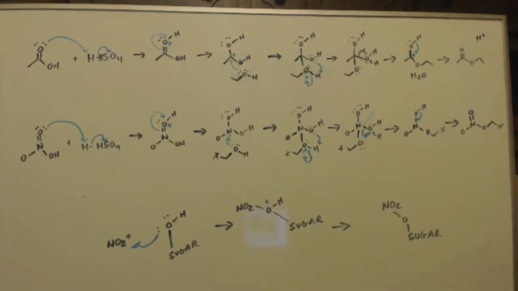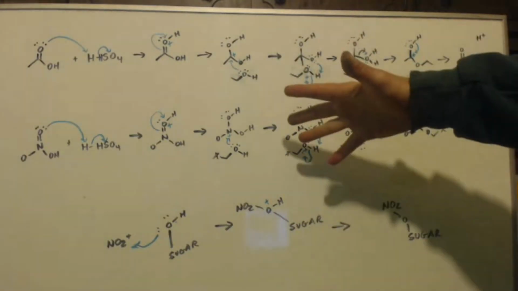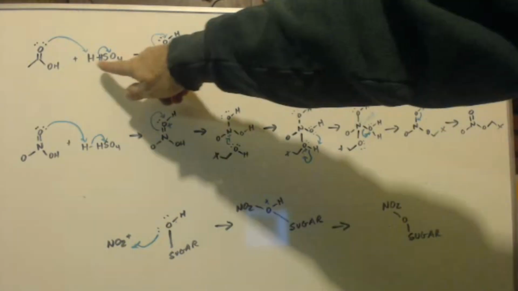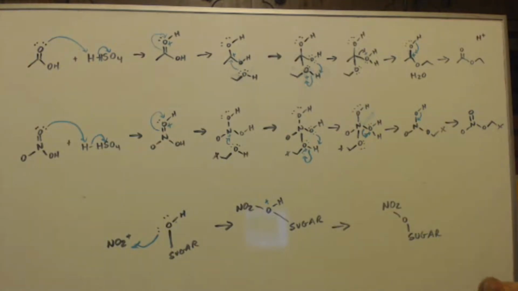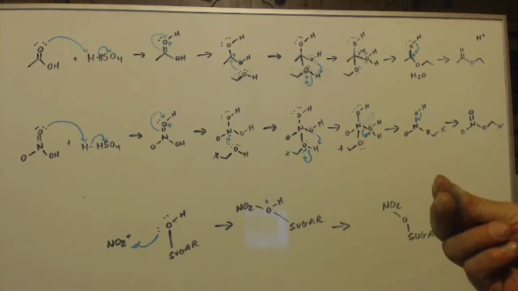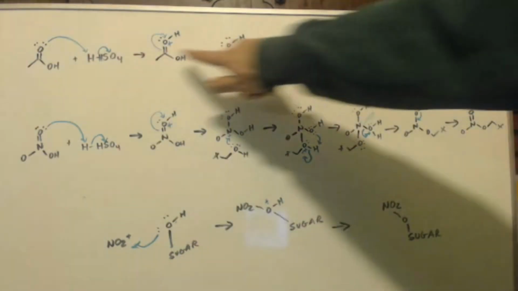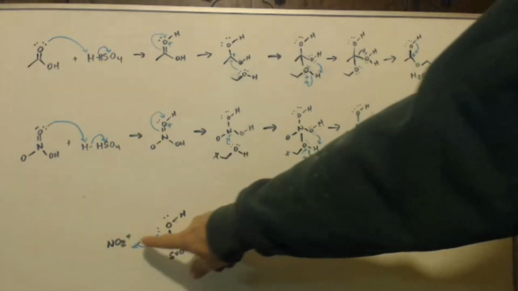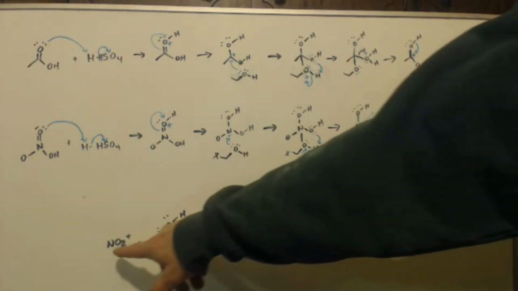Now, I want you to notice something: either way it goes, you always end up with protons at the end. That's why this sulfuric acid is technically a catalyst, especially in this one right here. And even down here, you'll notice you do it this way.